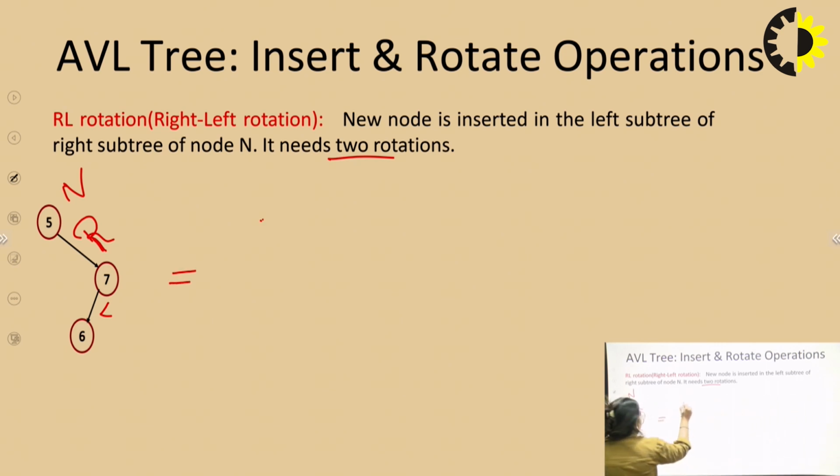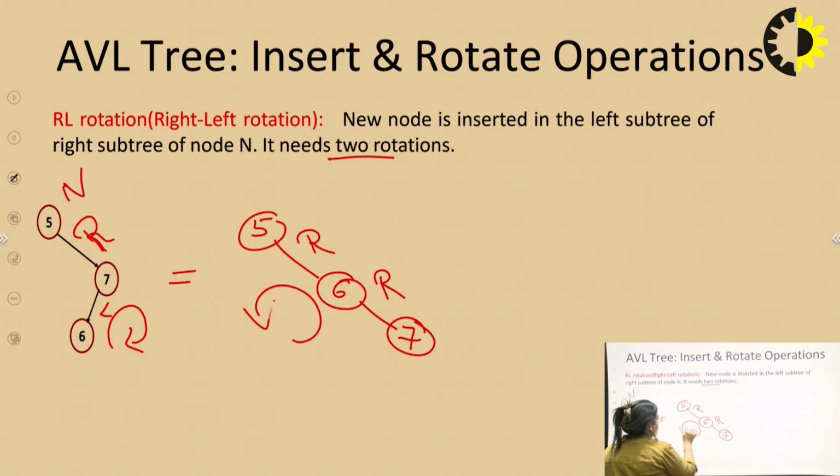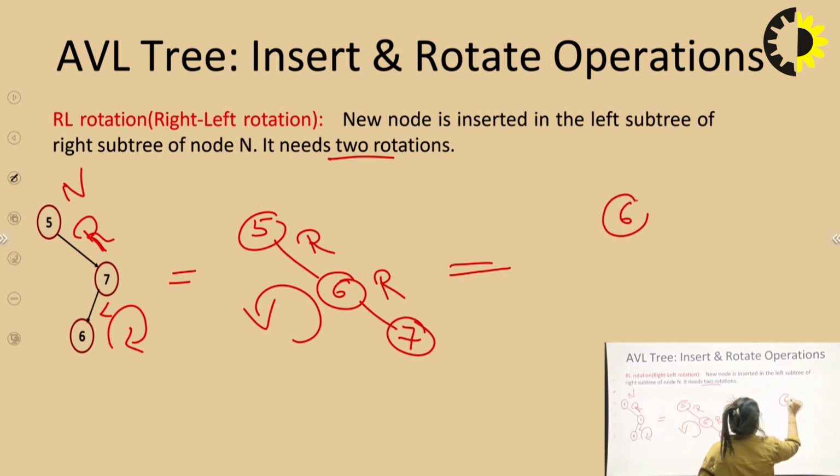See, 5 is converted into this form, anti-clockwise. Firstly use this rotation, the form is this. Fine. 6 needs 7 and it is a right rotation, and now comes anti-clockwise. According to anti-clockwise, it's 6, 5, and 7.